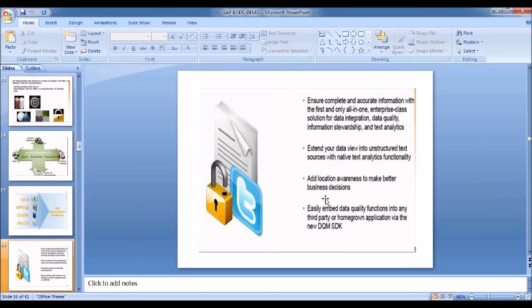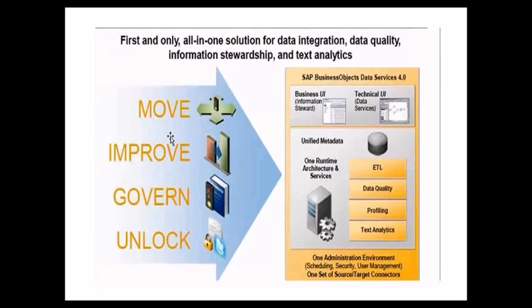Add location awareness to make better business decisions. We will talk about this point in the next 2 slides. Easily embed the data quality functions into any third party or homegrown applications via the new DQM, data quality management SDK. Right? So simply we are saying that this is the first and only all-in-one solution for data integration, quality and information steward.